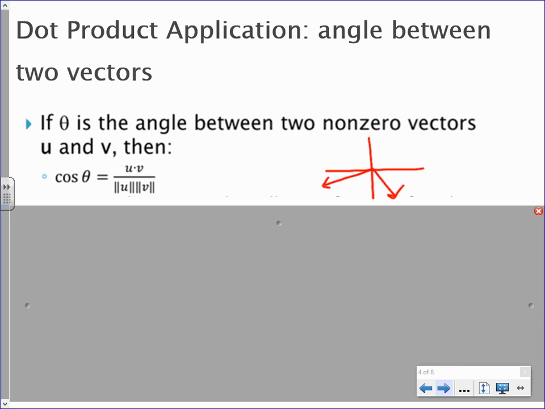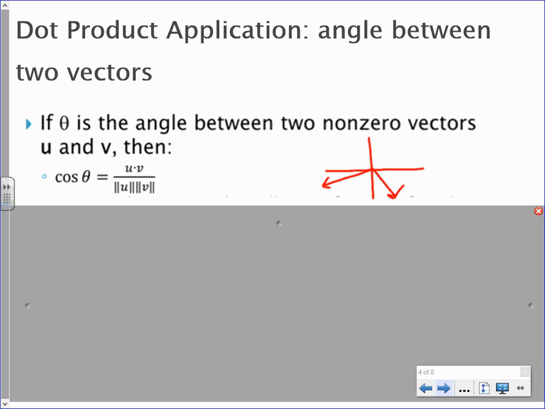Technically, there are an infinite number of angles between those two vectors, would you say? I think we see two obvious ones, but we can be very obnoxious and say there could be a 20-degree angle, or there could be a 380-degree angle, or we can keep going.